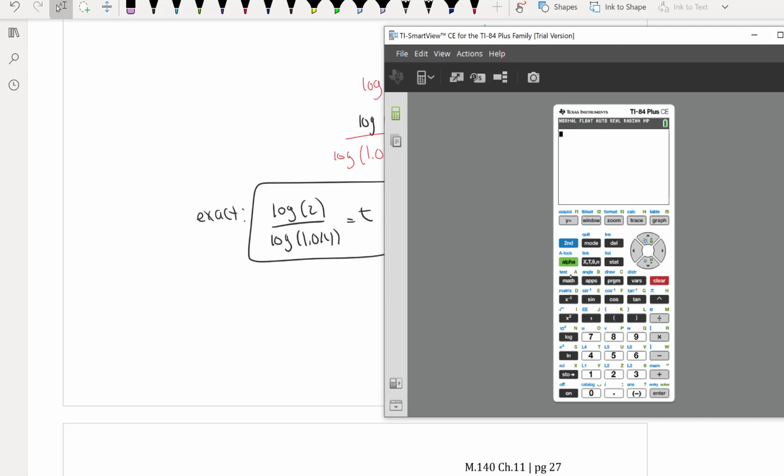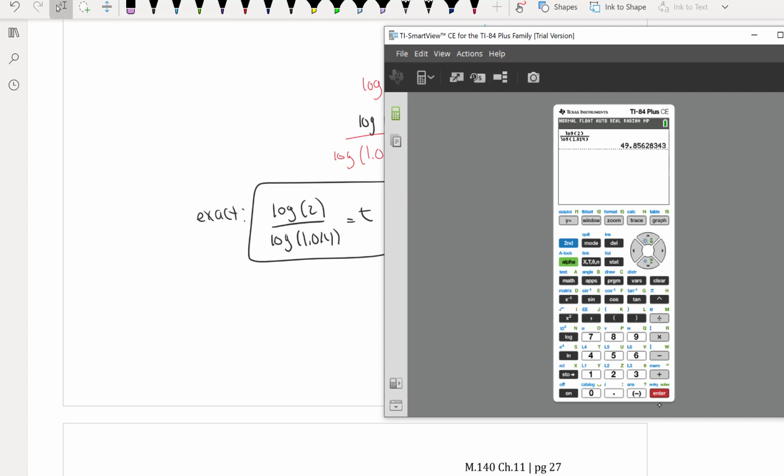So we write that on our calculator as a log of 2 divided by my log of 1.014. And I get it at 49.856.